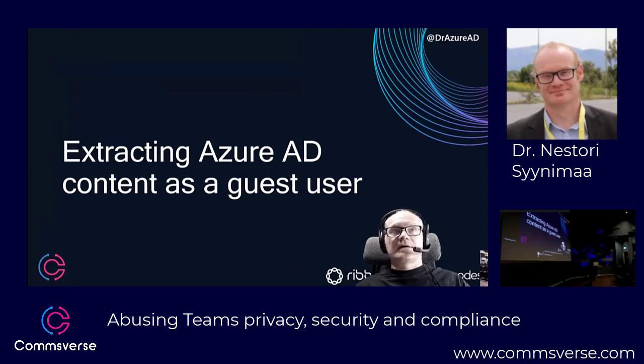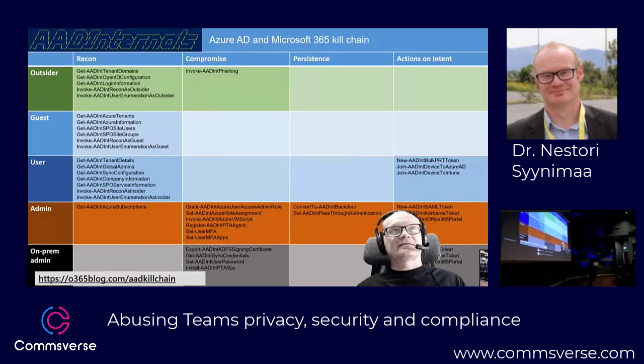I think it was at some point last year that the AADInternals toolkit had a lot of functionalities. They're called functions because it's a script-based module, and because there was so much, I decided to put them in an easy-to-understand form called the Azure AD and Microsoft 365 kill chain.